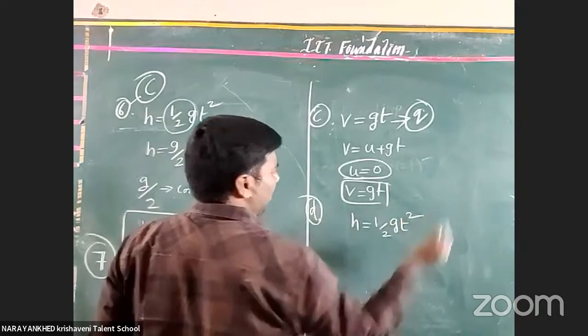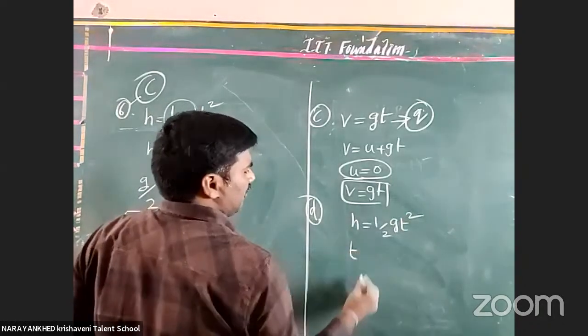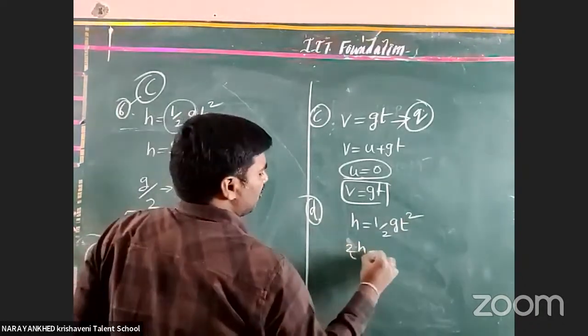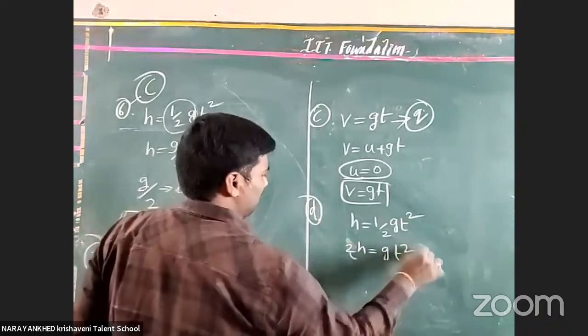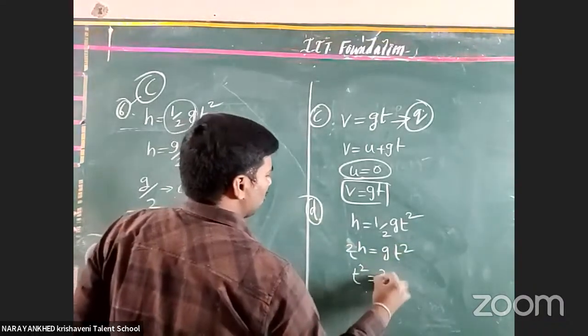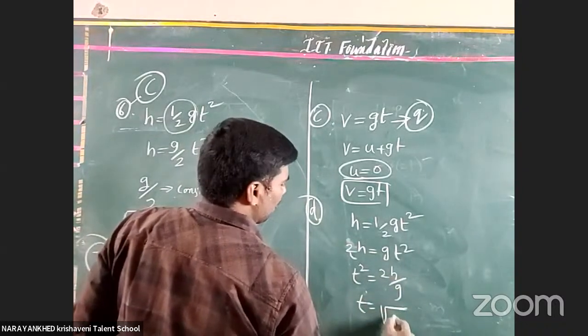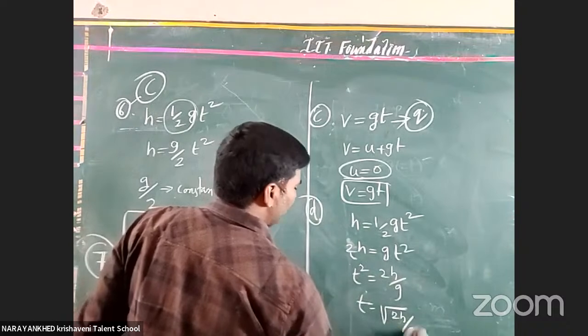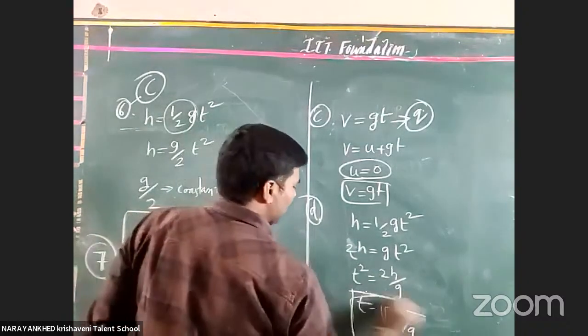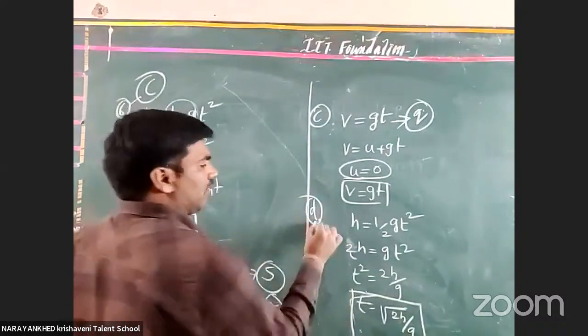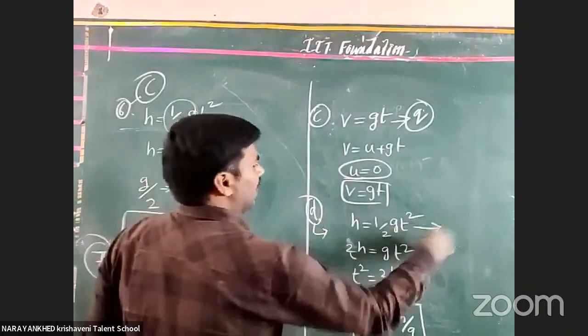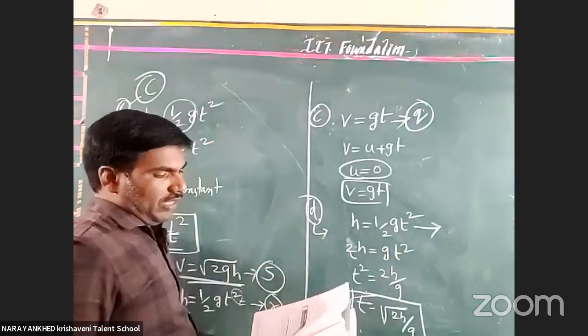From this formula only, we get 2h equal to g t square, so t square is equal to 2h by g, and t is equal to under root 2h by g. This is the time taken. Then answer D matches with P.